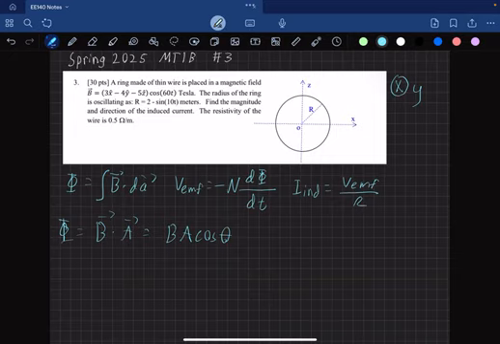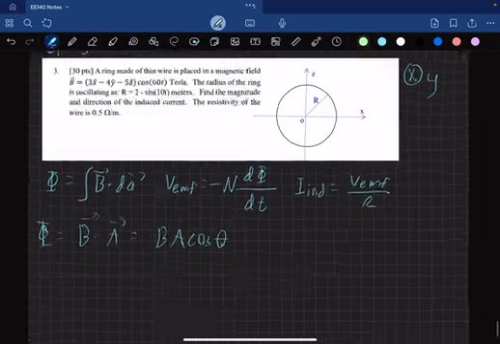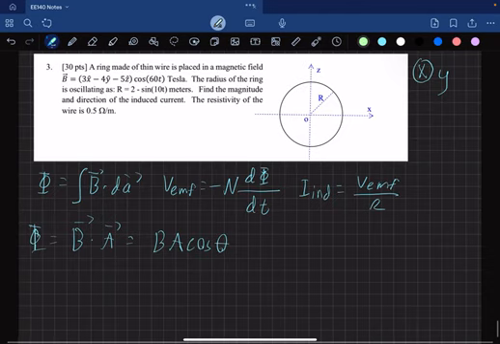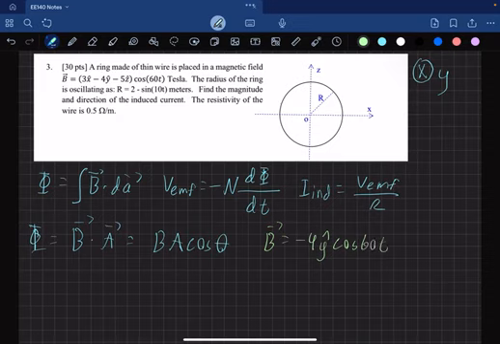Now when you take the dot product, we only care about the components that they have in common with each other. As the area vector has no x or z component, we can ignore those in our calculations. So effectively, our B field is just B equals negative 4 y hat cosine 60t.